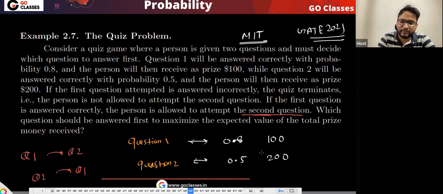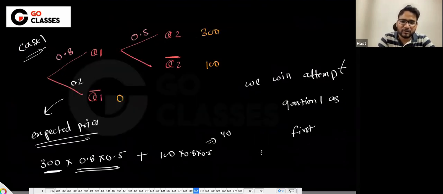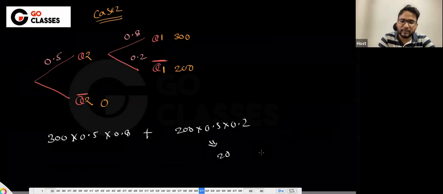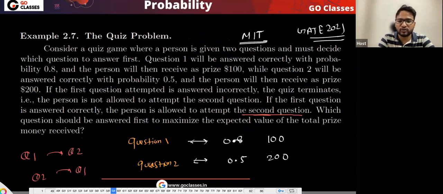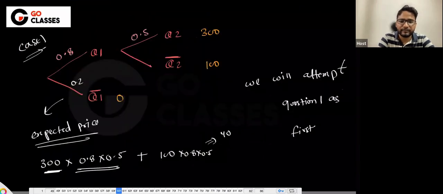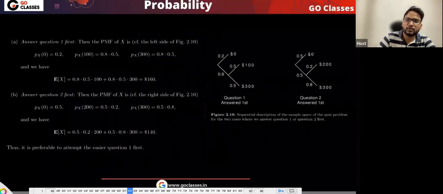Anyway, sometimes it happens. Obviously, MIT doesn't copy these GATE questions. The GATE must have copied the MIT questions. That is for sure. I mean, most probably 99% of the chances are that. And obviously, that book is also very old, not that recent. That question has been asked in GATE 2021, which is very recent, right?